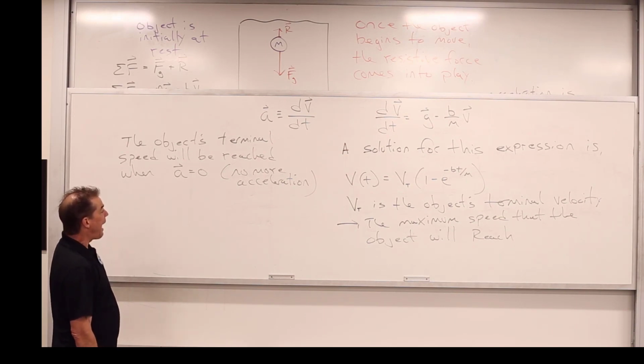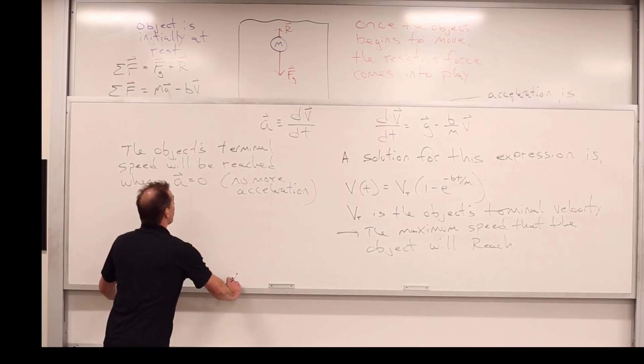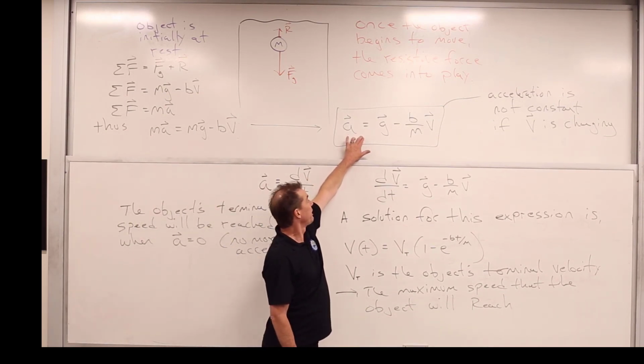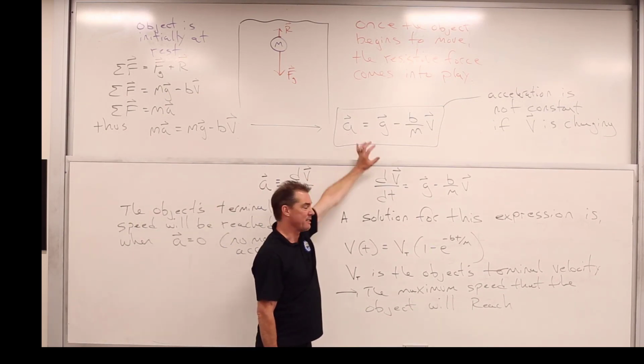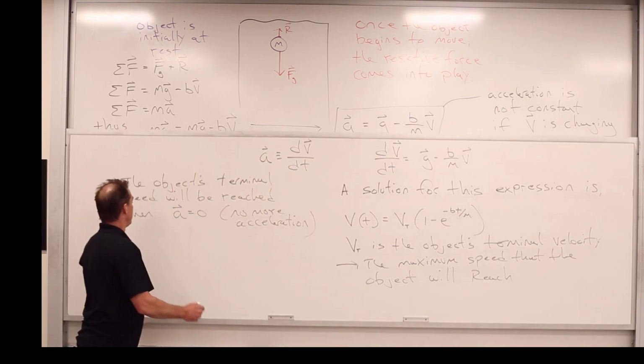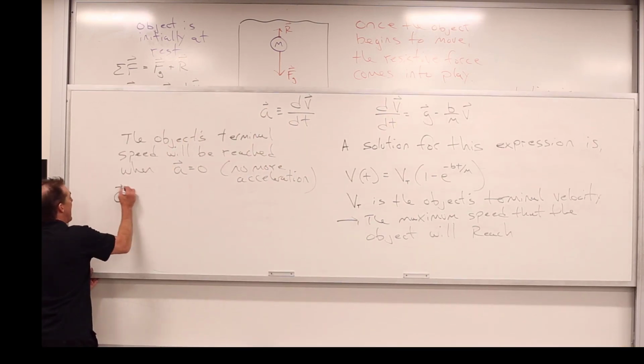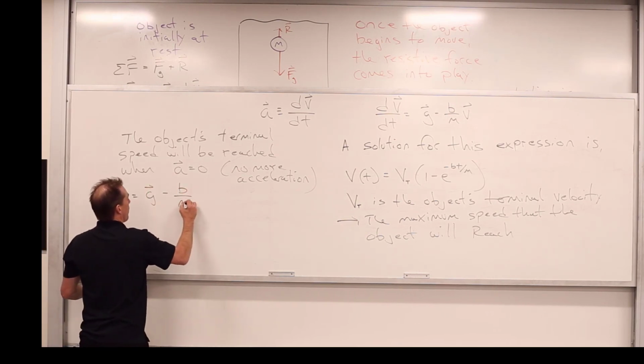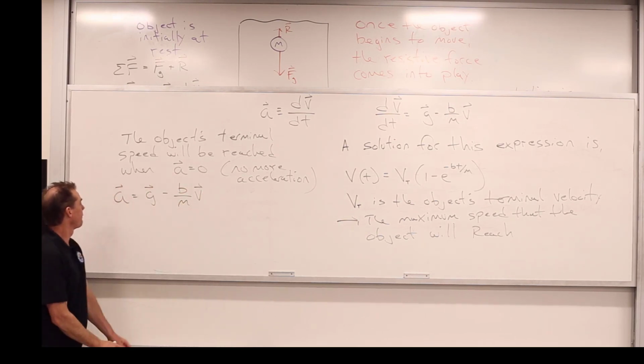So if we go back over to our function here that we began with, we can actually figure out what v sub t is. So again, referencing this, we have that a hat is equal to g hat minus b over m v hat.